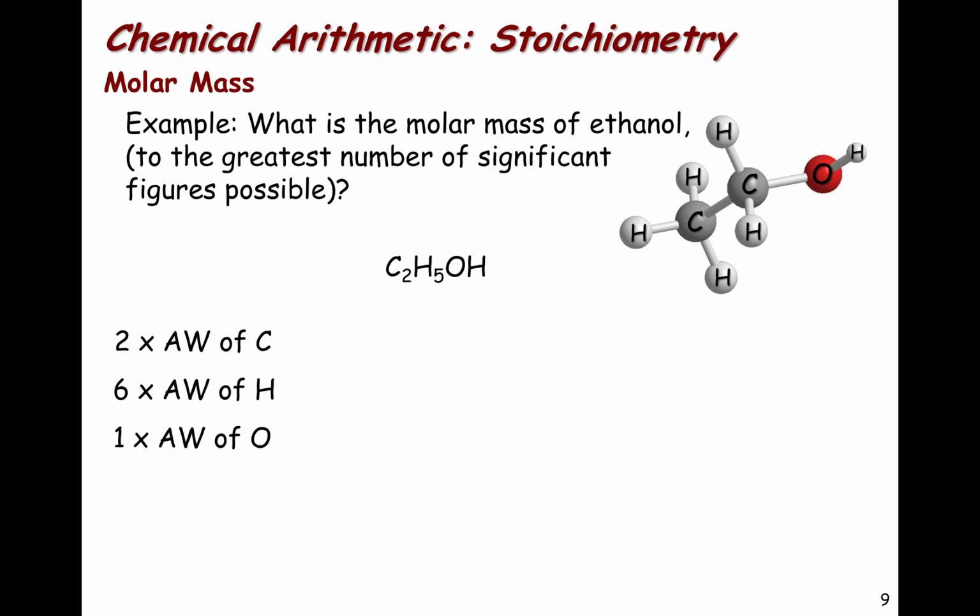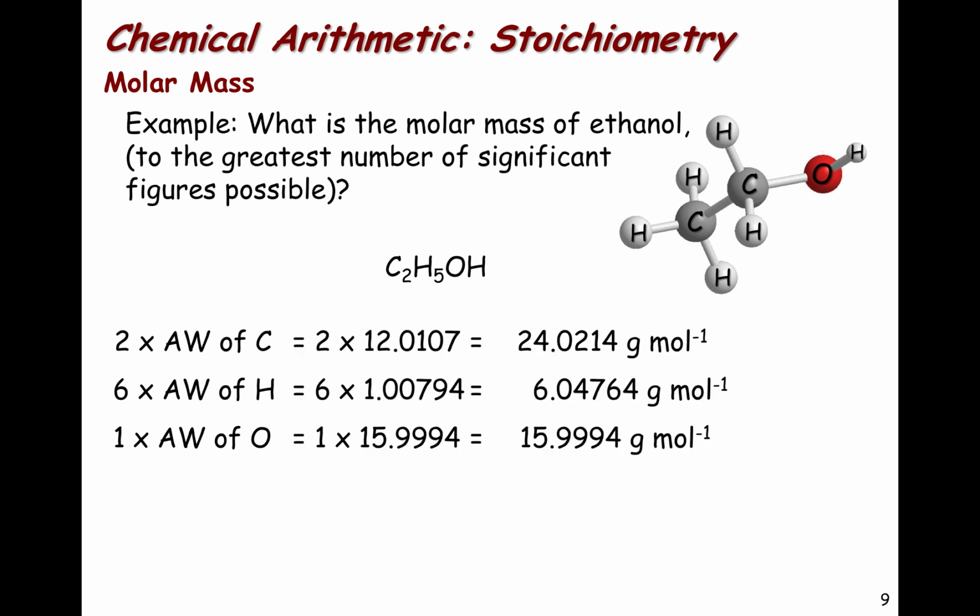Multiply that by the atomic mass of hydrogen, and there's only 1 oxygen. Multiply that by the atomic mass of oxygen, and do the math. The 2, the 6, and the 1 are all exact numbers. We've counted those, so in fact they will not limit your significant figures.